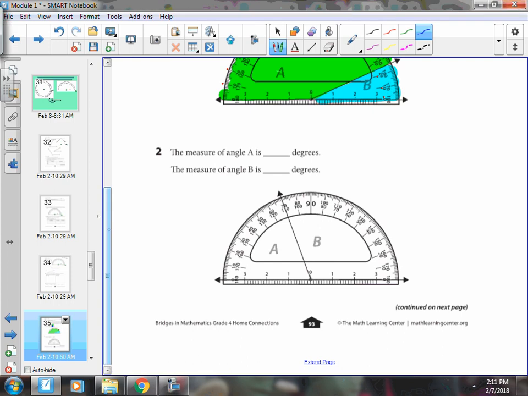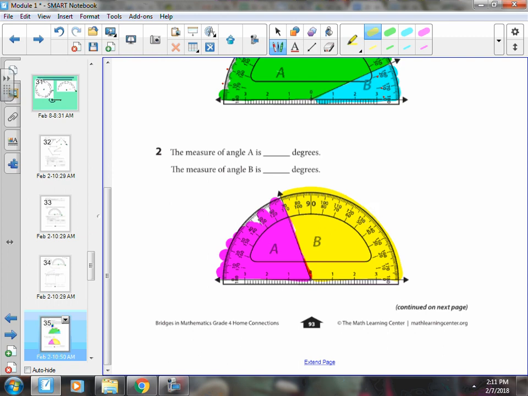I see angle A is in this area. And angle B is in this area. And I can see that they share a ray. One of the angles is acute. One of the angles is obtuse.